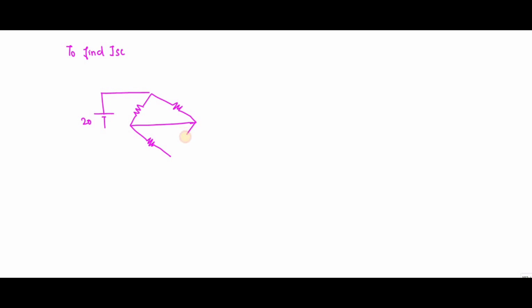So we can apply mesh analysis directly in order to find the current, right? So there is no need in finding the value of Norton's theorem. No need to go for Norton's theorem. So I can take, you can see there are 3 meshes, right?